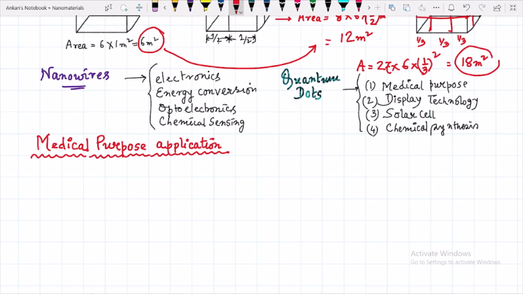The medical purpose is very essential for human beings. In medicine, nanomaterials are widely used for the treatment of tumor or cancer cells. It is very helpful in the treatment of tumor or cancer cells, and the use of polymeric micelle nanoparticles delivers drugs to tumors.